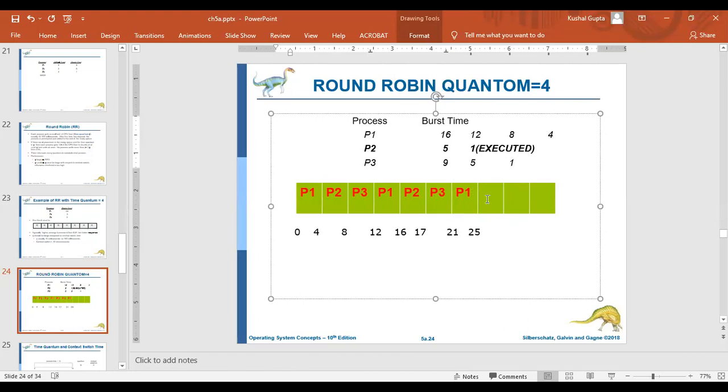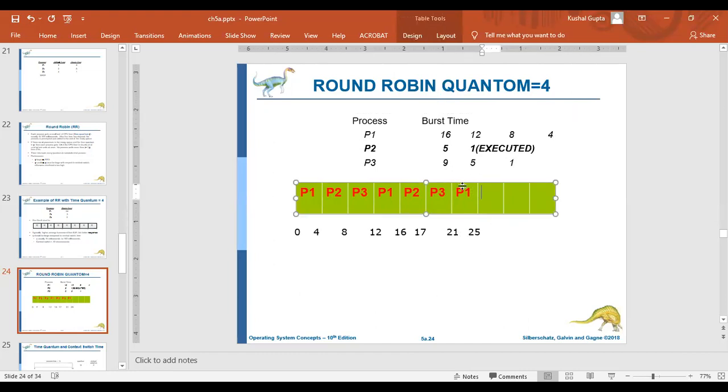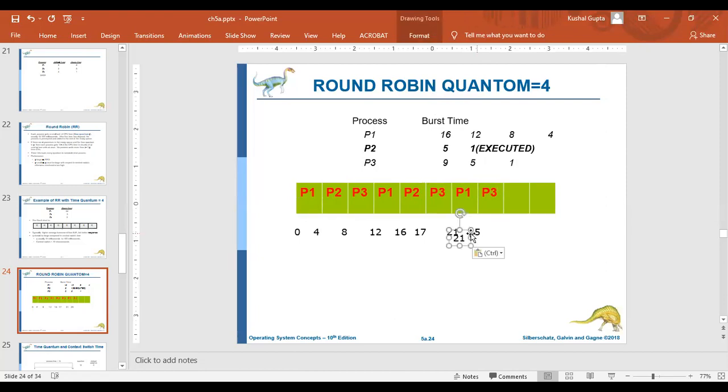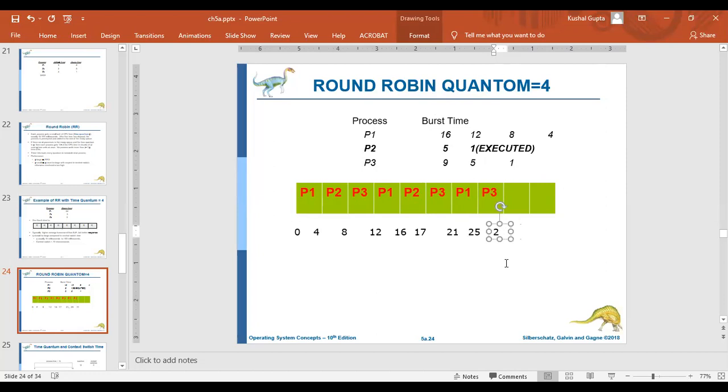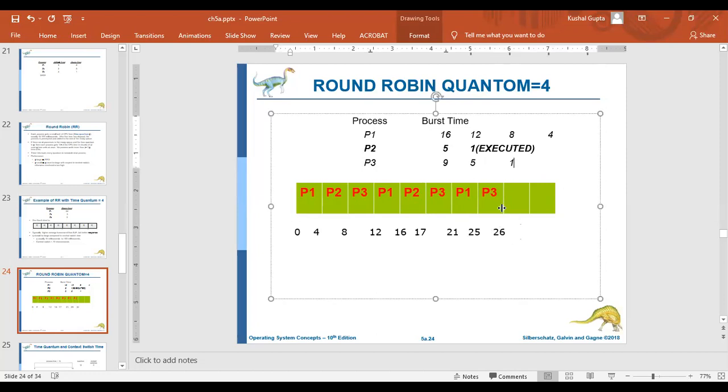After P1, P2 will not come because P2 has already executed. Now P3 will be coming. How much time P3 will take? Only 1 unit of time is required for P3. That is 26. At 26, P3 will be finishing. Now P3 we can say executed.